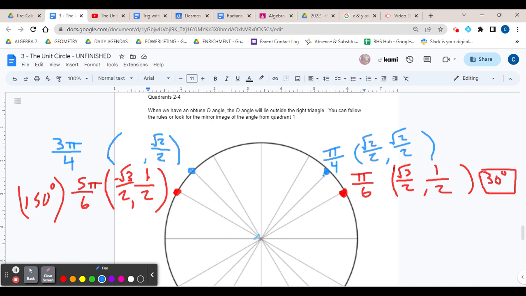However, the x value is now negative. So it's not √2/2. It's negative √2/2. Hopefully we kind of see how this works here.